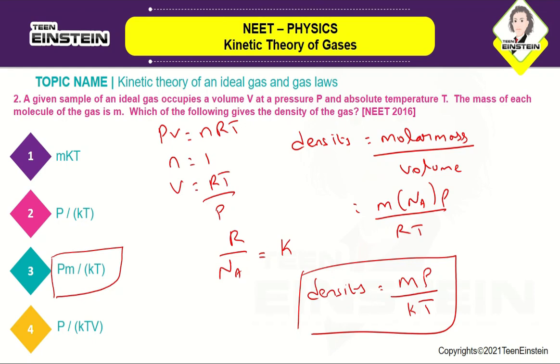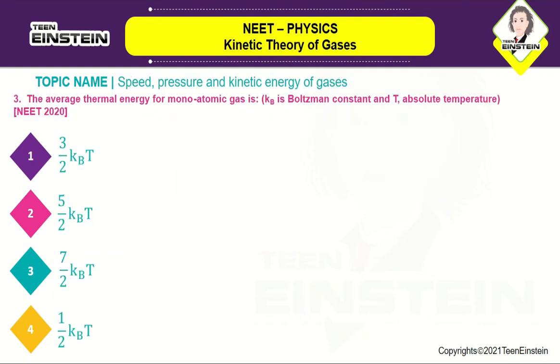Okay, so let us move on to the next question. The average thermal energy for a monoatomic gas is, so they want us to find out the equation for the average thermal energy of a monoatomic gas, where kB is the Boltzmann constant and T is the absolute temperature.